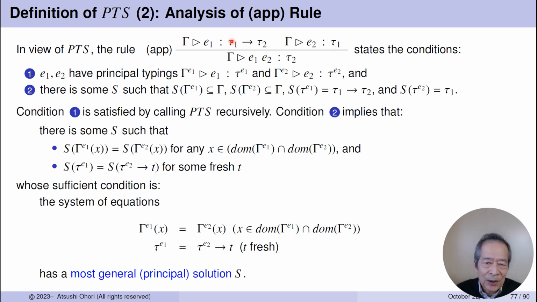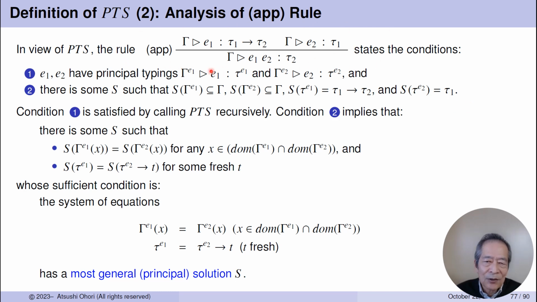This can be specified by this condition. There is some substitution S such that S applied to gamma E1 is a subset of this gamma, and S applied to gamma E2 is a subset of the same gamma, and S applied to this result type tau E1 is tau 1 arrow tau 2, and the result type of tau E2 is tau 1. There is a condition specified by this application rule.